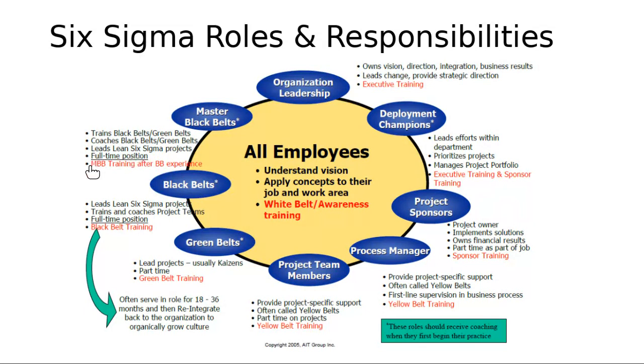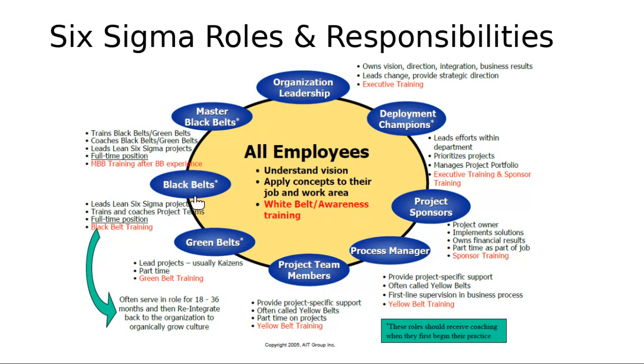Some companies develop a master black belt position in their organization, like General Electric. They have a master black belt position in their company, because those people run Six Sigma methodology projects over time in their organization. Now, this can vary depending on the culture and the organization's objectives, but these are the roles for those members.